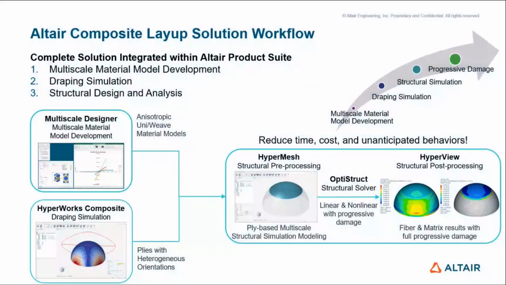So let's first look into the different kinds of workflows. The first one is a very classic one, the normal composite layup solution workflow. In this one, you would start with the same thing that you could start any other of the workflows with, which is creating your material model, for example, in Multiscale Designer, if you really want the depth and insight that Multiscale offers.